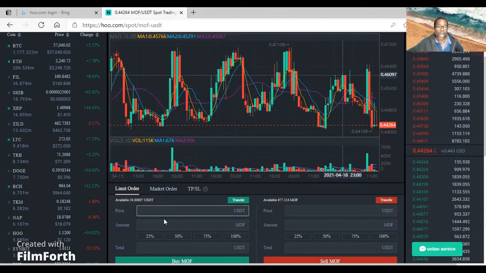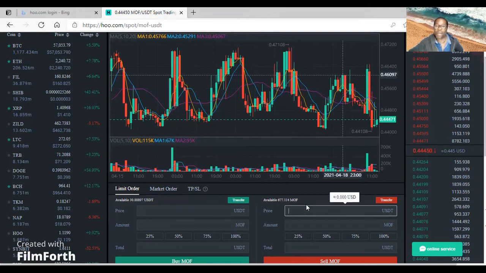I told you earlier that with limit order, you can choose the price that you want to sell it. So let me say the market price now is on this 0.44471.